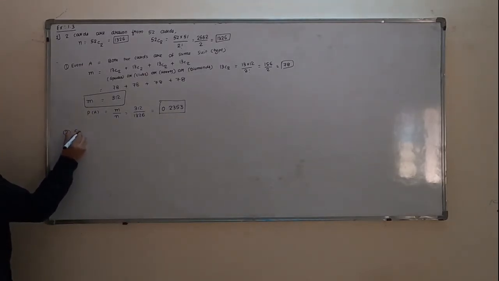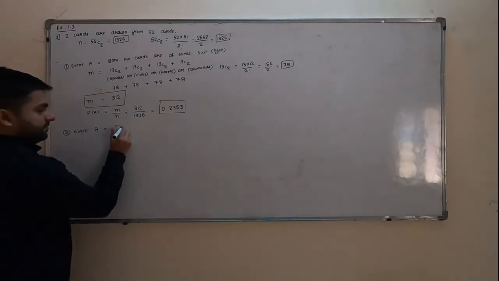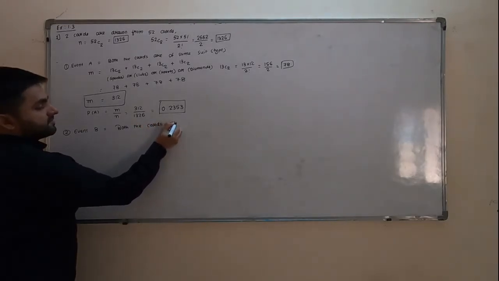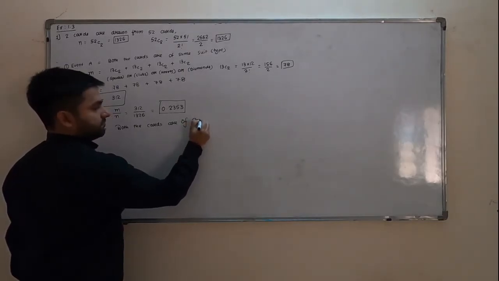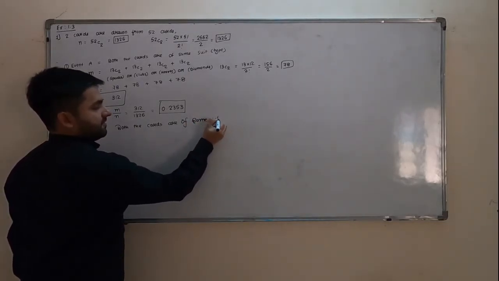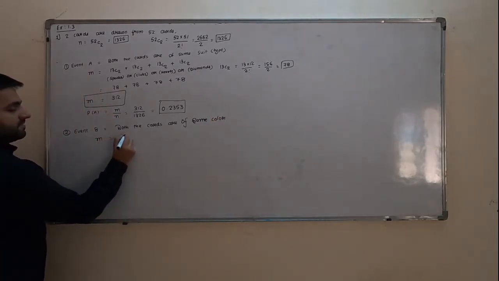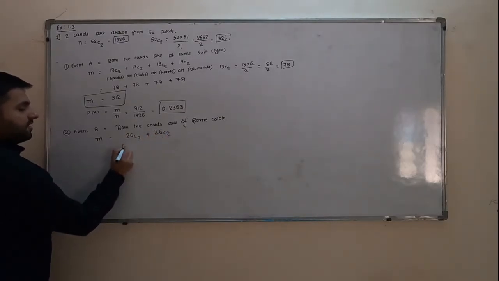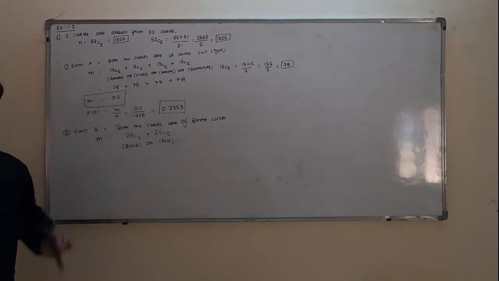Number 2, event B: both the cards are of same color. M is equals to 26C2 plus 26C2. How? Black or red. Colors are 2 but types are 4.